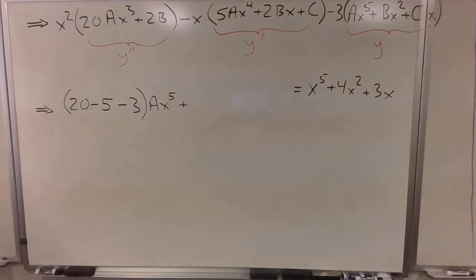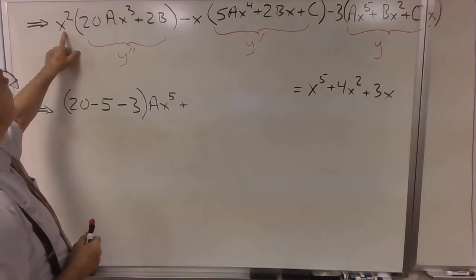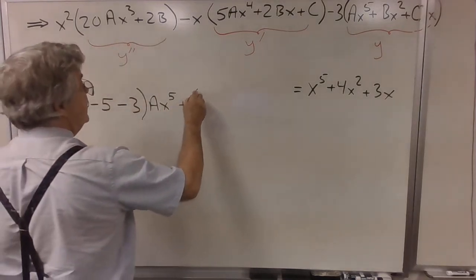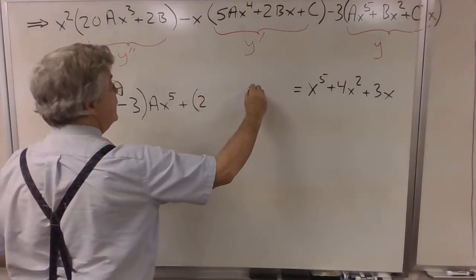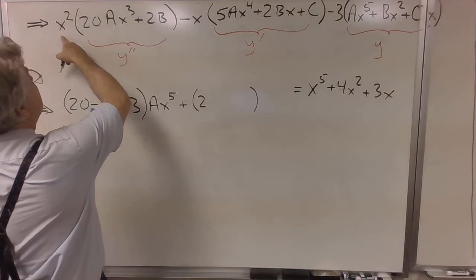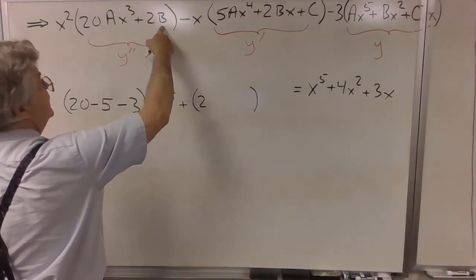Okay, now let's see, what else do I have? I have x squared times 2b. So I have 2 times x squared times b.